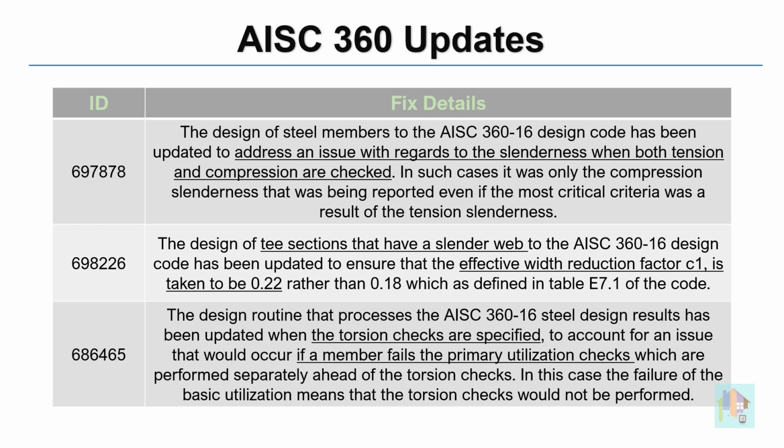Also, there is a fix related to the slenderness check report for tension member. In previous version of STAAD, though tension slenderness ratio is critical, still ratio for compression load is reported in the output, which is now corrected. There is another major fix related to the slender T-section design using AISC 360-16 code.